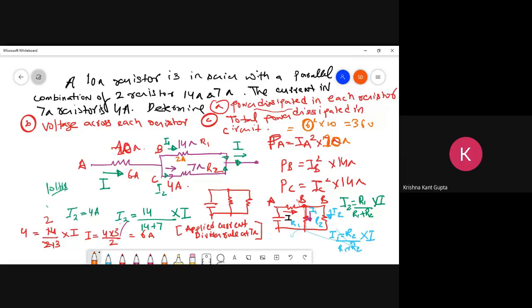Correct, 88 volts. Okay, on similar grounds, I want to see that you people do one more problem. You have to practice this, okay?